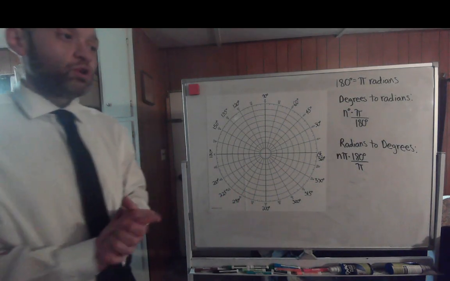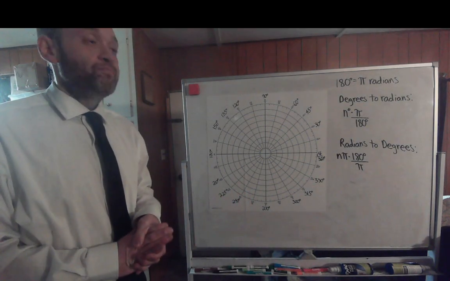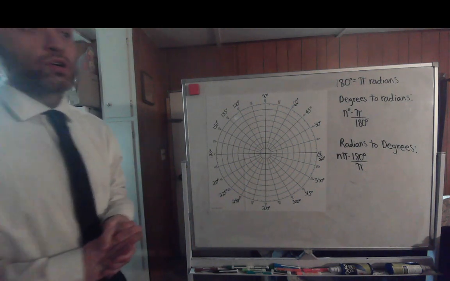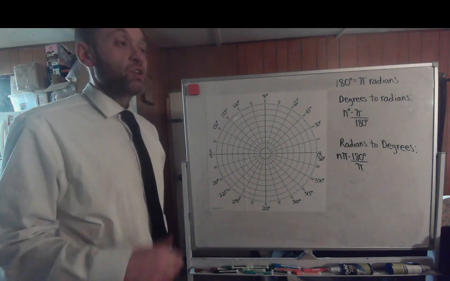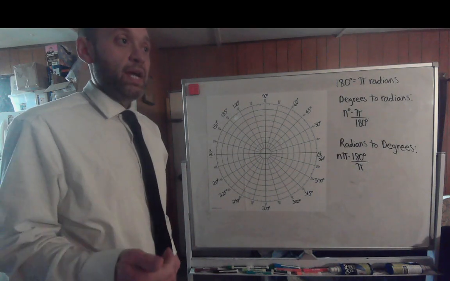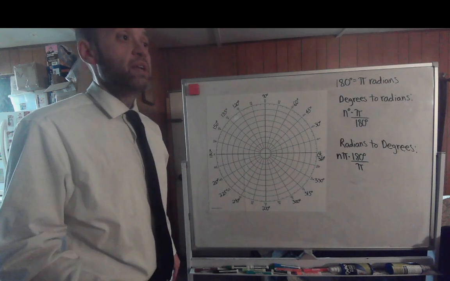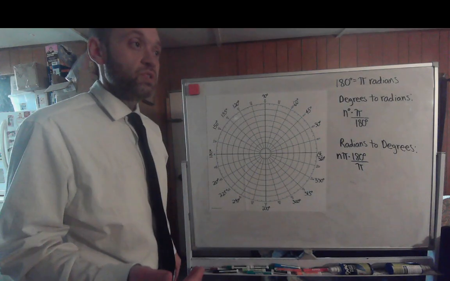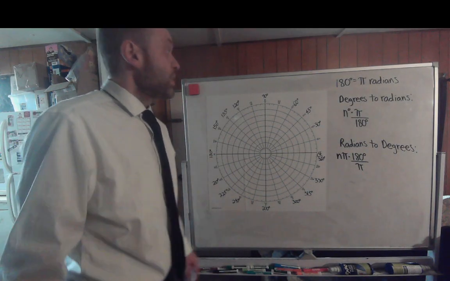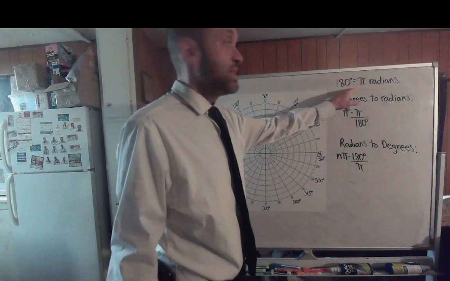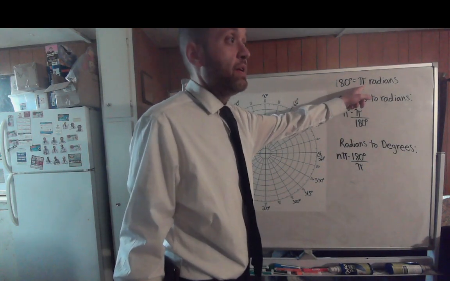So first we're going to start out by talking about what radians are. Radians are simply another way of measuring angles, and they're based on circles. So 180 degrees equals 1 pi radian.